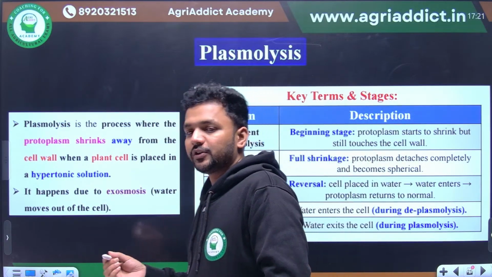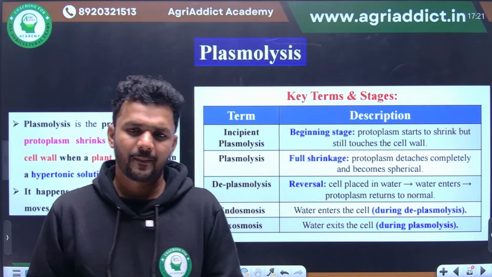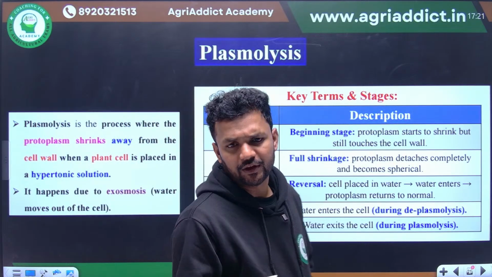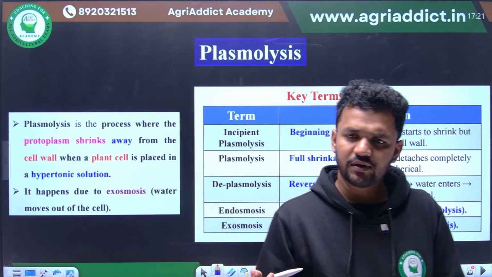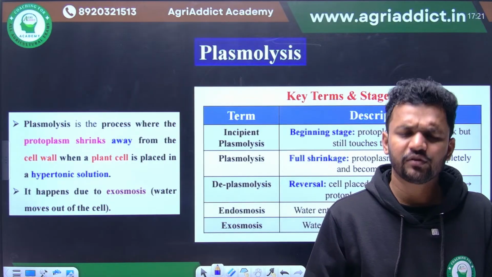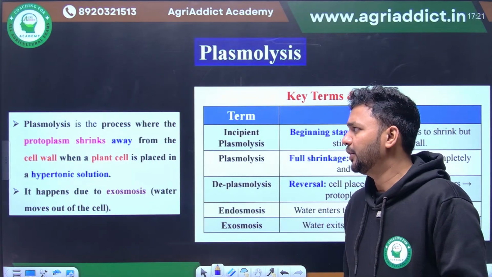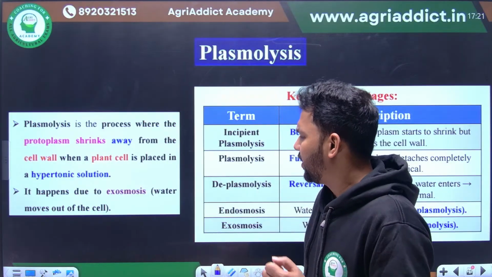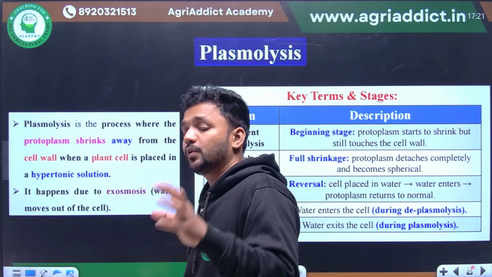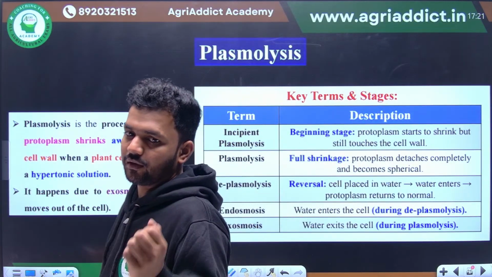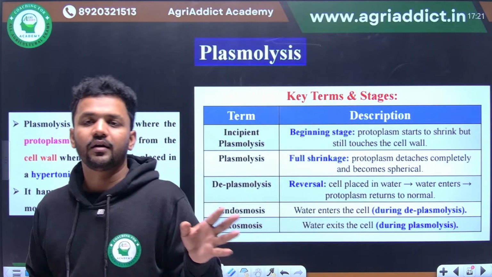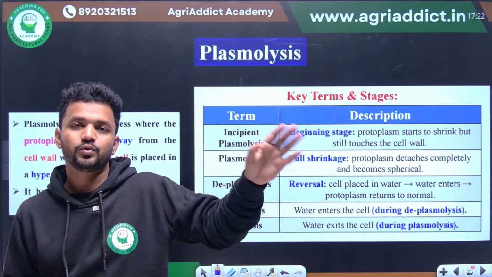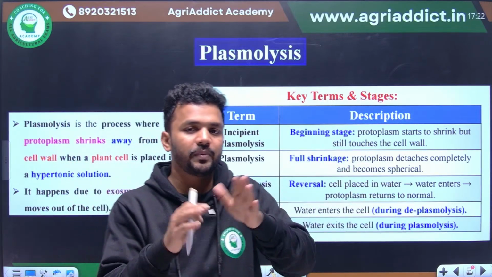Another concept is plasmolysis. Plasmolysis has two stages. One is incipient plasmolysis and the other is complete plasmolysis, or just plasmolysis. So plasmolysis is basically a process where the protoplasm shrinks and the water inside the protoplasm moves out from the cell into the hypotonic solution surrounding it.